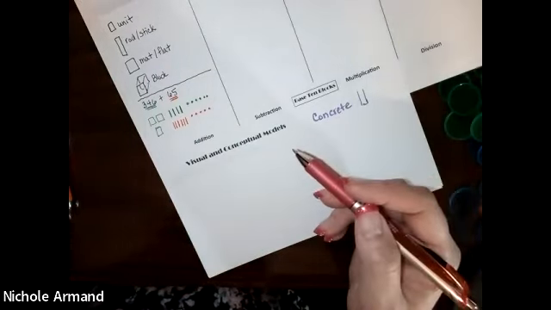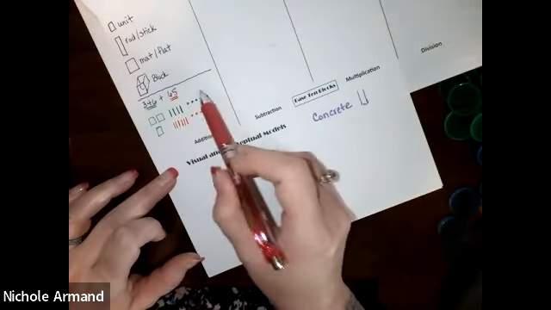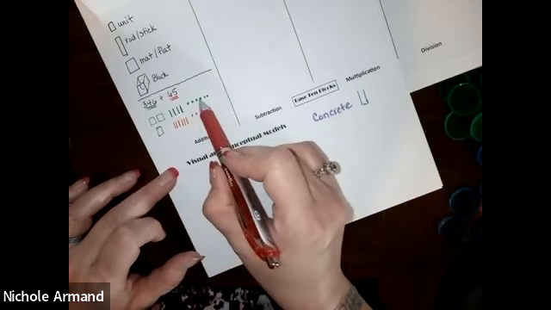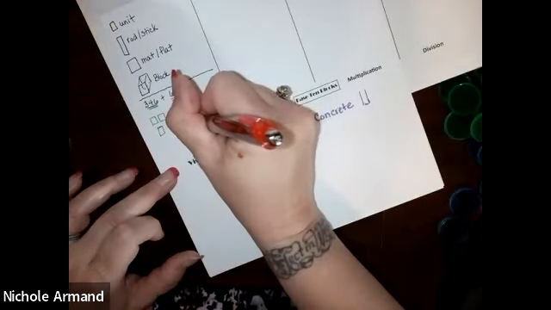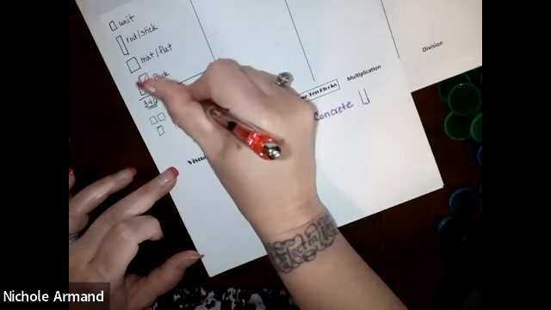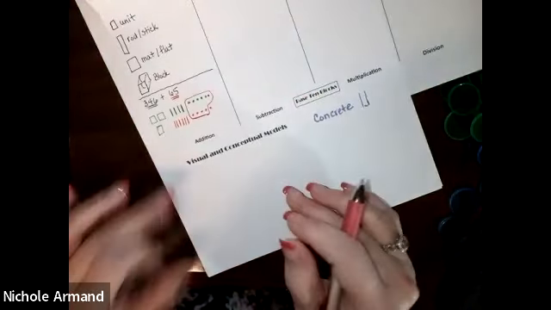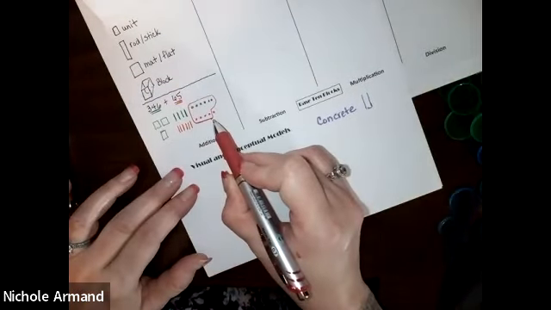If I take my pink color here and start counting the ones, 1, 2, 3, 4, 5, 6, 7, 8, 9, 10. So I have a group of 10 ones or 10 units.